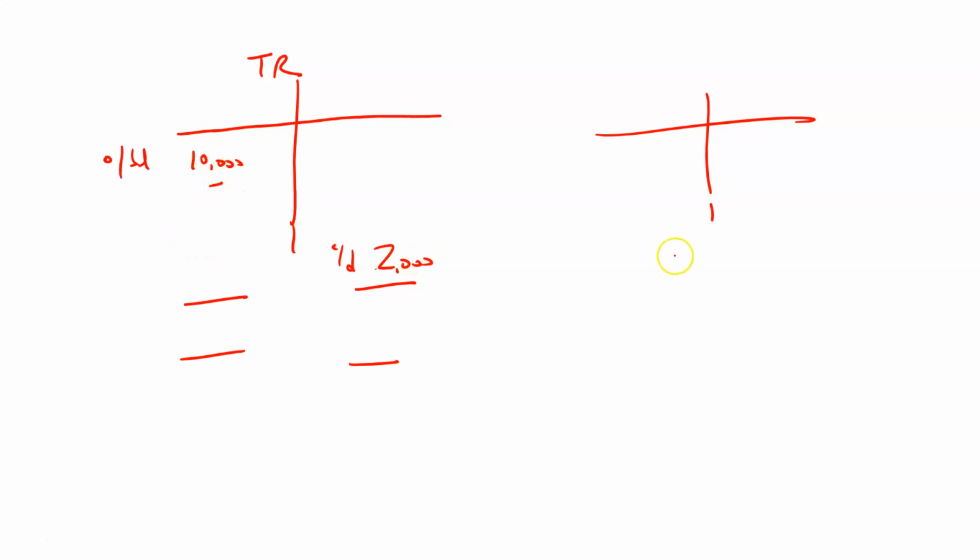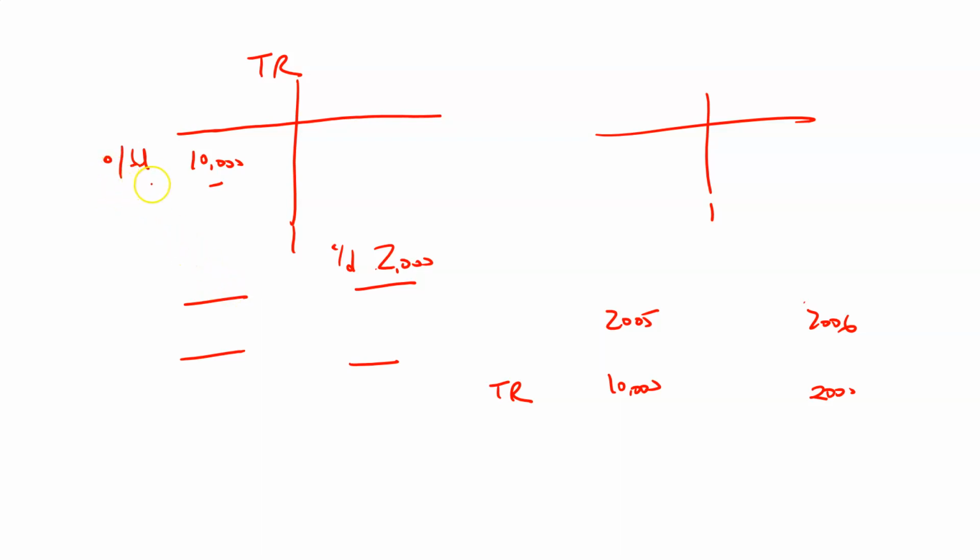So for example, you would see something like this: 2005, 10,000; 2006, 2,000. So the opening balance at the beginning of the year of 2006 is 10,000. The closing balance is 2,000. This is what you're seeing, right? So this is trade receivable. The question is, what does this really mean?